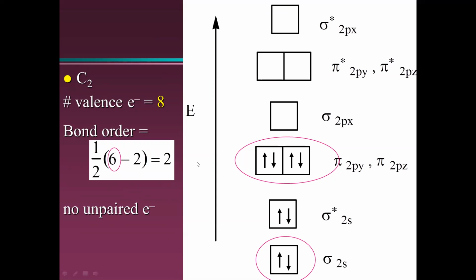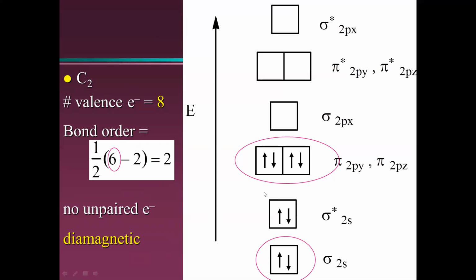So the bond order calculated is equal to 2. So do we have unpaired electrons? No, because every orbital you see is paired. There are no unpaired electrons, so this is called diamagnetic. So the carbon is diamagnetic.